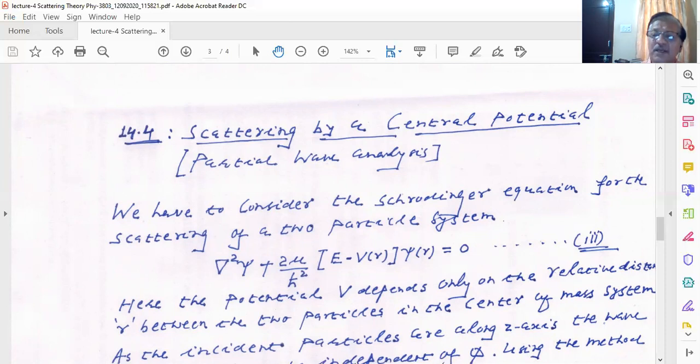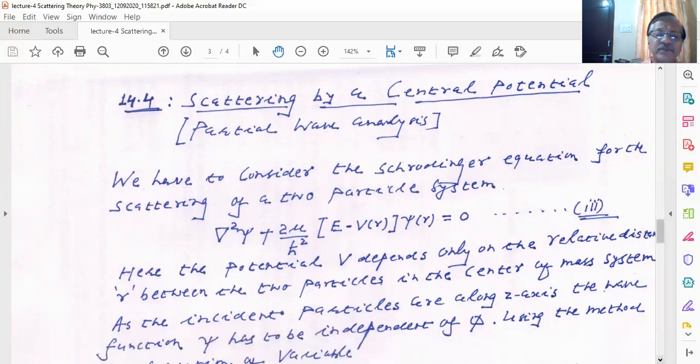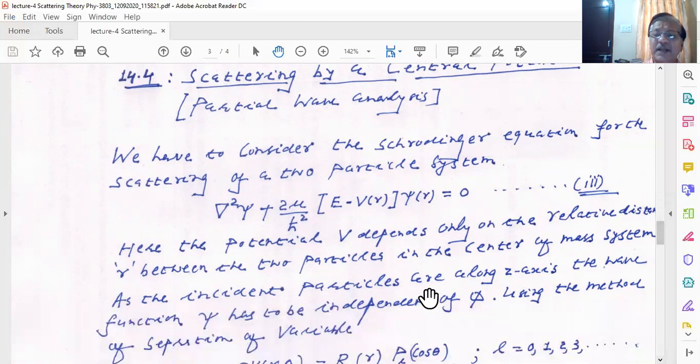So you see here, I have mentioned that the incident particles are along the z-axis, so the wave function psi is independent of phi because particles are moving parallel to the z-axis. And using the method of separation of variables, we can solve this Schrodinger wave equation.